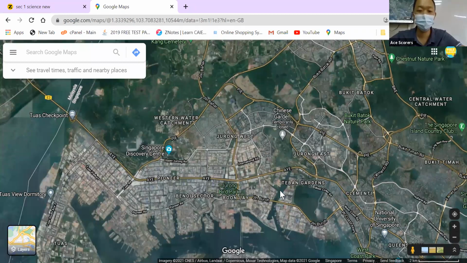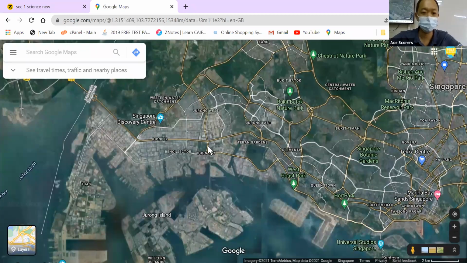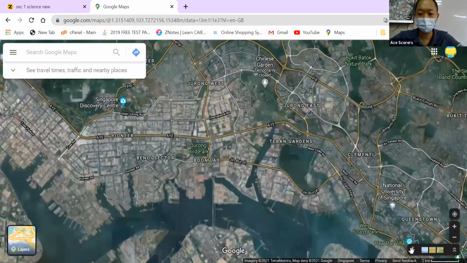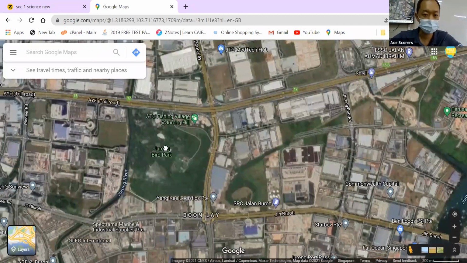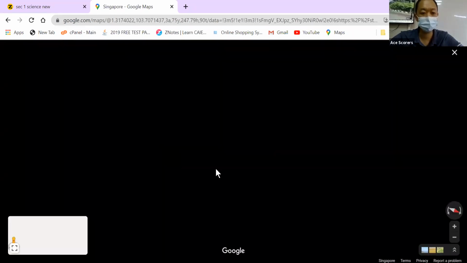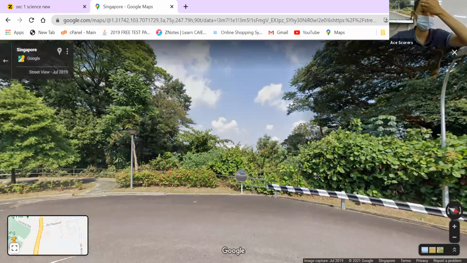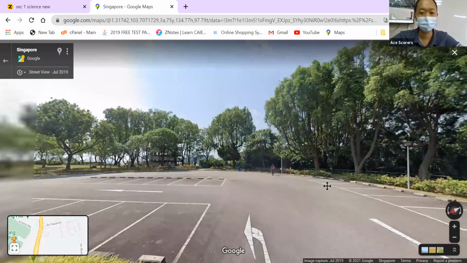Have you been to the Jurong Bird Park? No. No? It was boring. Bird Park, car park. So that means you don't need to walk there.